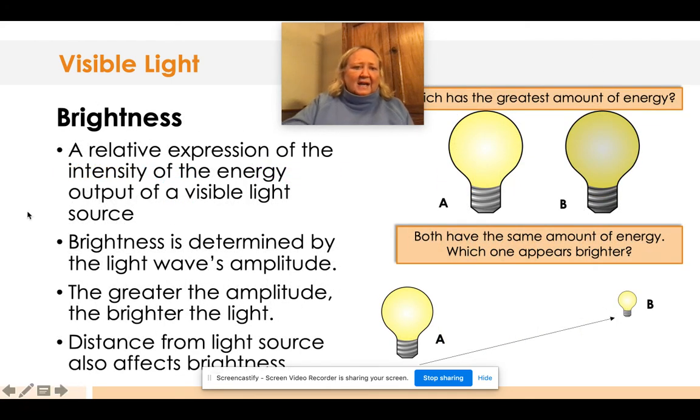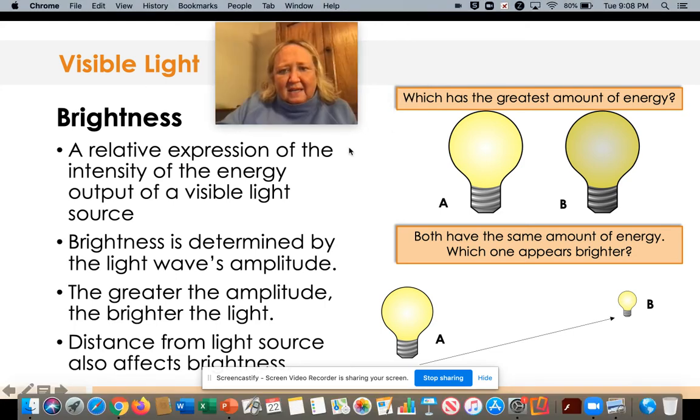All right, last topic is brightness. Brightness is the intensity of the energy output of the light source. That just makes sense. If you have a higher wattage light bulb, it's going to be brighter. Obviously here A has more energy, it is brighter.